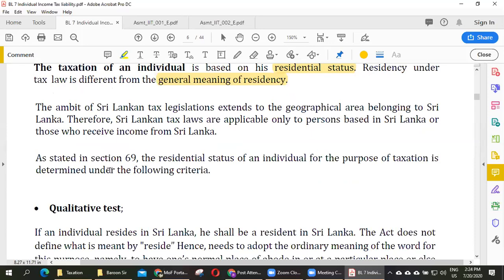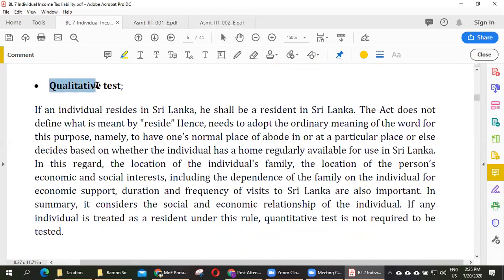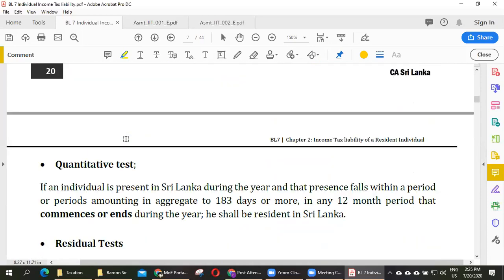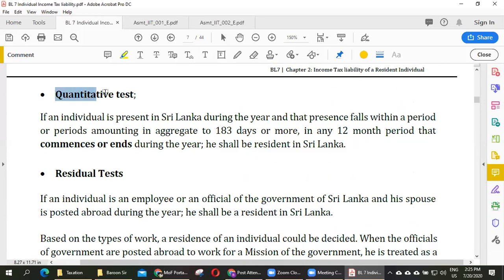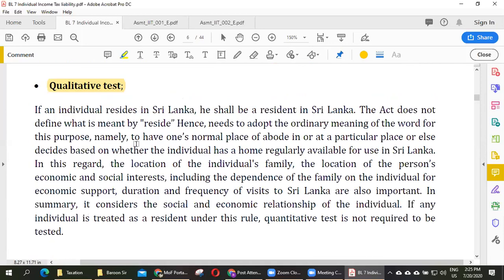As stated in section 69, the residential status of an individual for the purpose of taxation is determined under the following criteria. The first criterion is the qualitative test. The second criterion is the quantitative test, right? Earlier we decided based on the number of days he has spent.